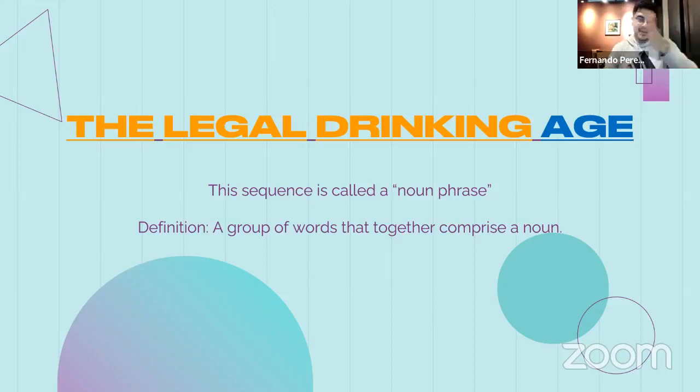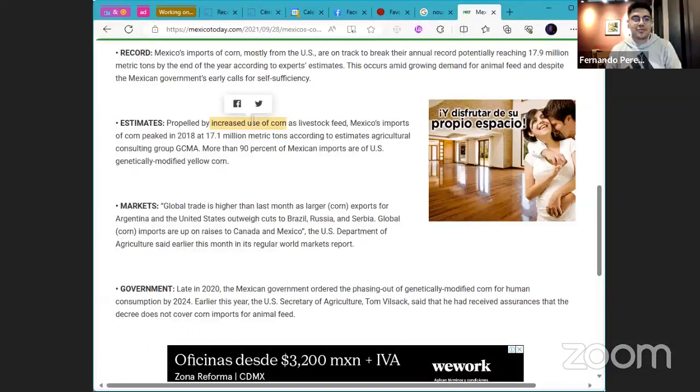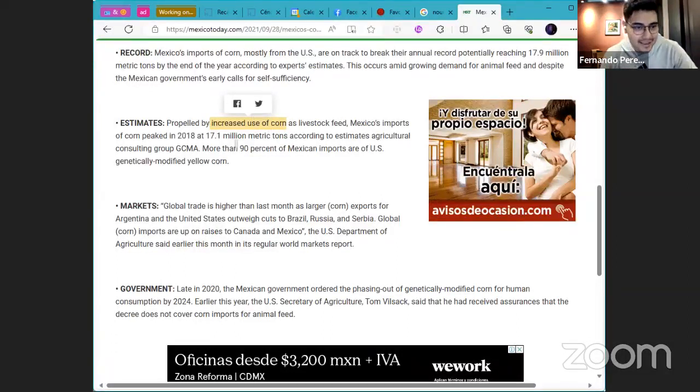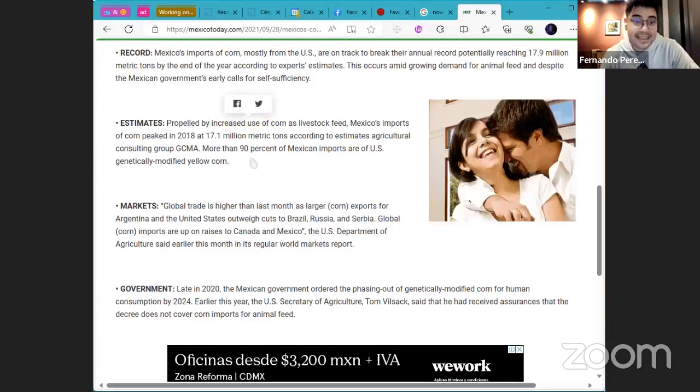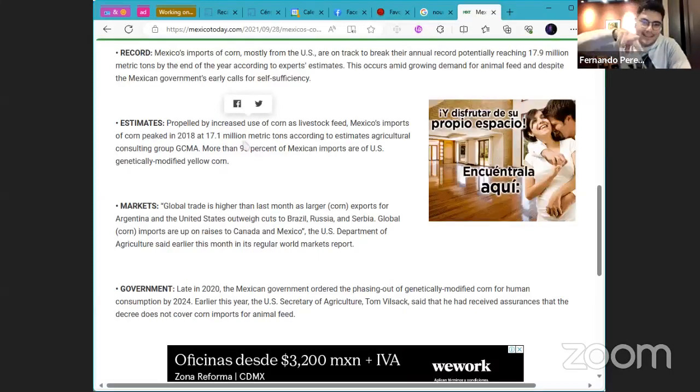In English it would be the drinking age. The same happens in this case. We don't say el uso aumentado, right? The used increased.